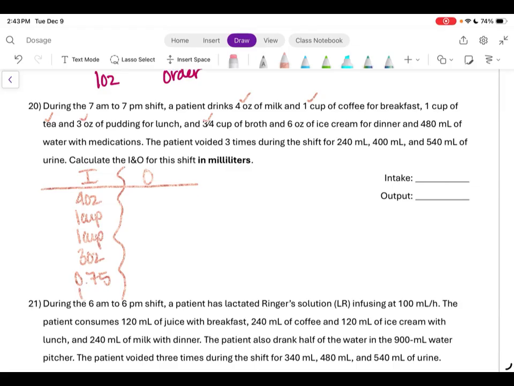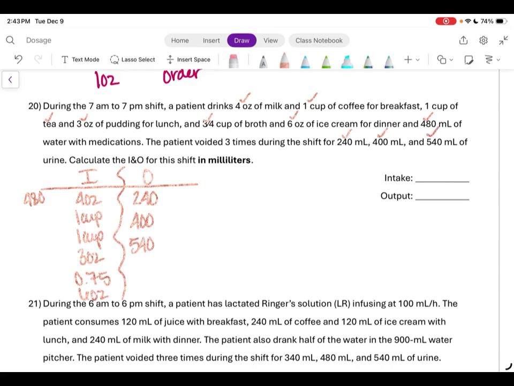And then 6 ounces of ice cream and 480 of water. Patient voids 3 times, 240, 400, and 540.